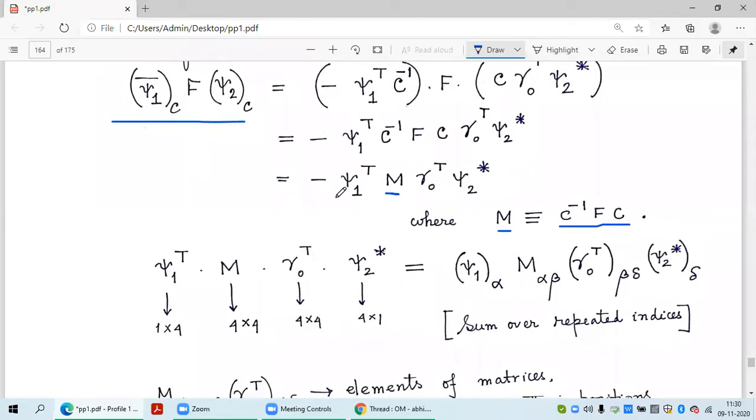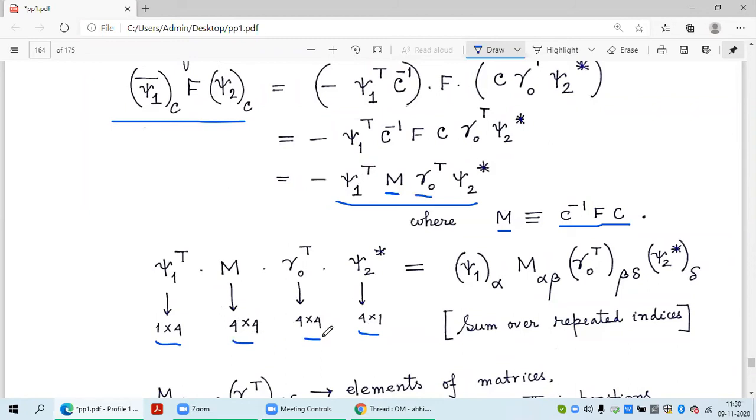So look at this object carefully. The first object is a transpose, therefore it is 1x4. The last object is psi2 star, and psi is 4x1, so its star will not change its order; it is again 4x1. The intermediate matrices are 4x4 matrices.